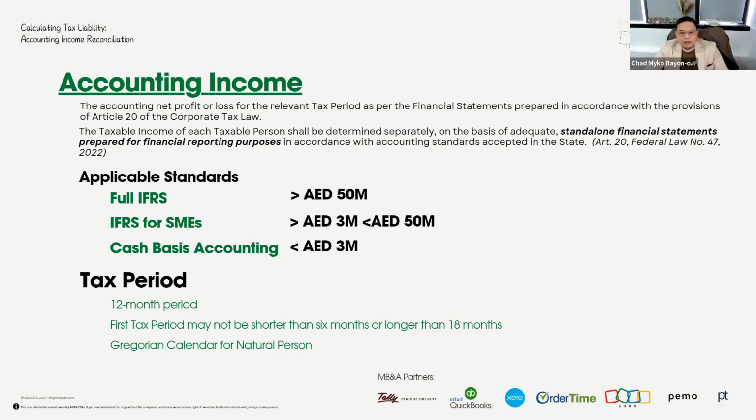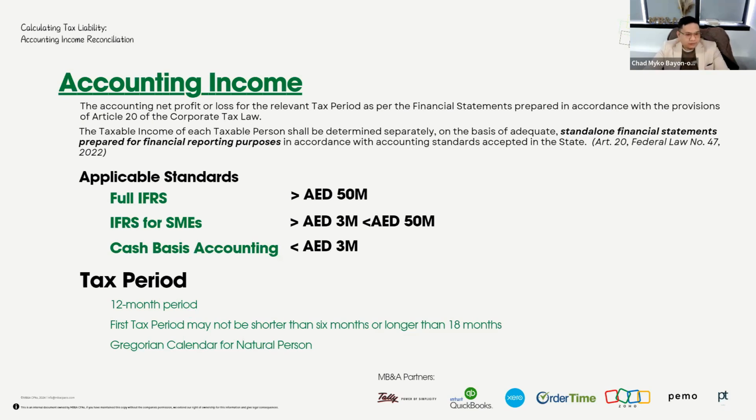Okay, but if ever you are having the first tax period, normally it would require you to file the first tax return if, let's say, for example, your period is ending on December 31, 2024.